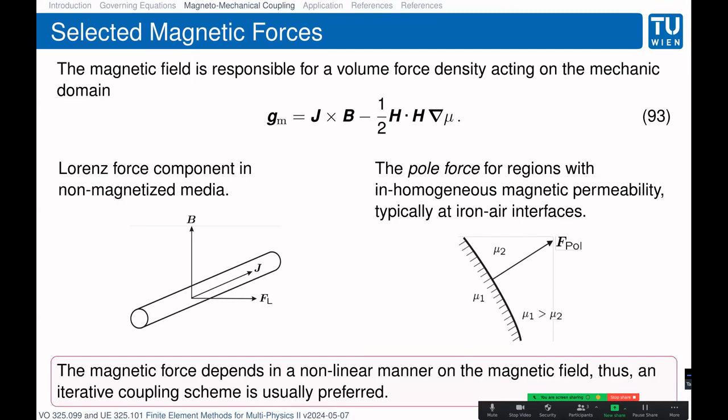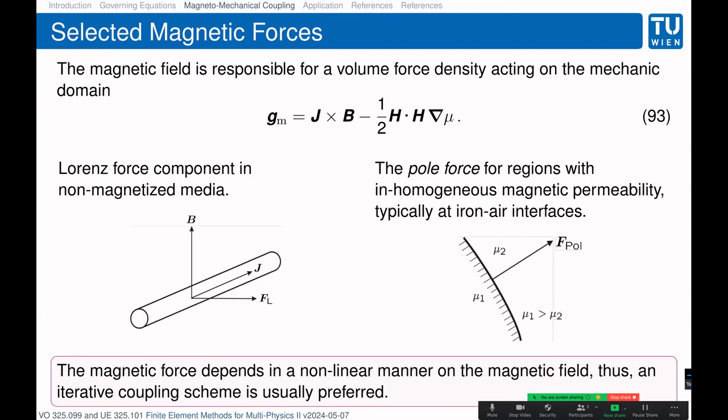What we also see is that now we have magnetic quantities J and B. They both come from the magnetic solution or the solution of the eddy current problem, and the mechanic force density now depends in a quadratic manner on the magnetic field solution already. Because J and B are just derived quantities of the magnetic vector potential. That's our solution variable. So even if the magnetic problem is nonlinear, the coupling is linear.